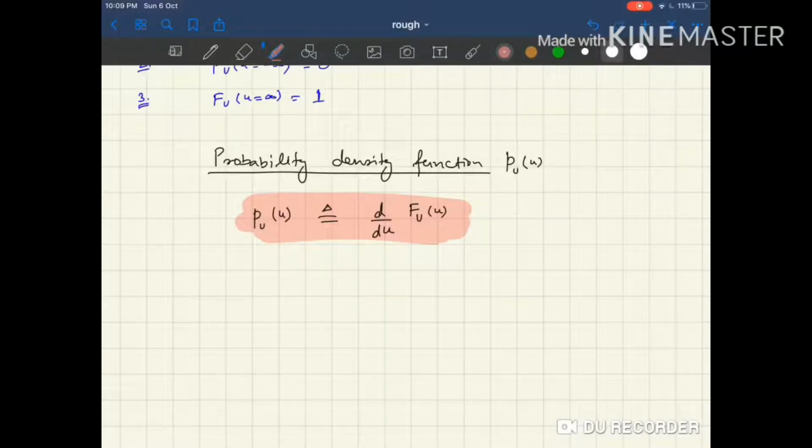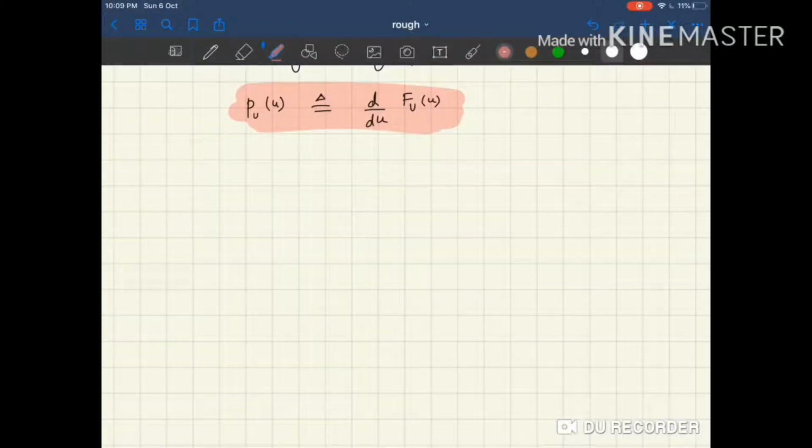There is one property which would be mathematically needed in future in many places, which is how do you find the probability of occurrence of something between some region.